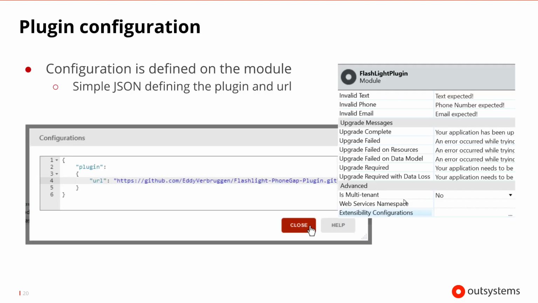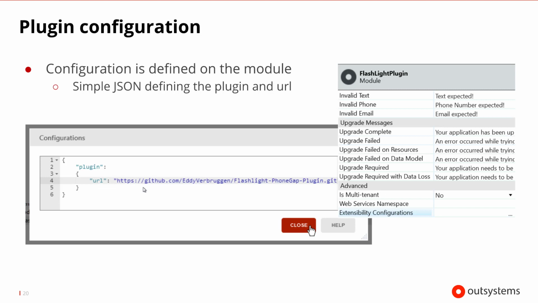Now the first thing we need to do is set the plugin configuration. So when we go to our plugin, the module itself will have at the bottom an extensibility configuration. If we double click on that, it will open up a small editor, and in there we will need to have a plugin and a URL which will describe where we can go to get that particular plugin.